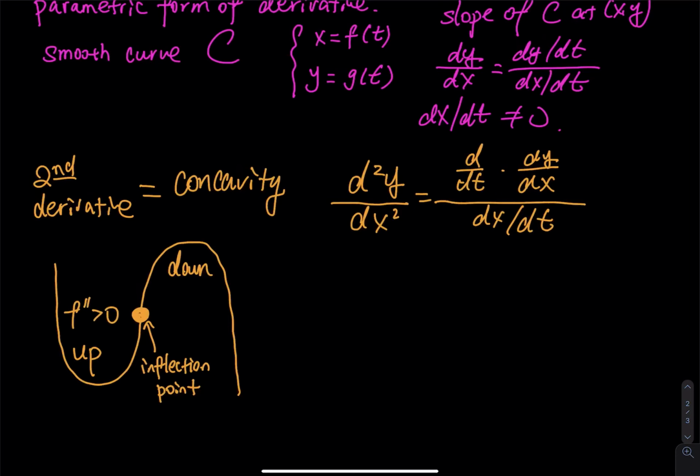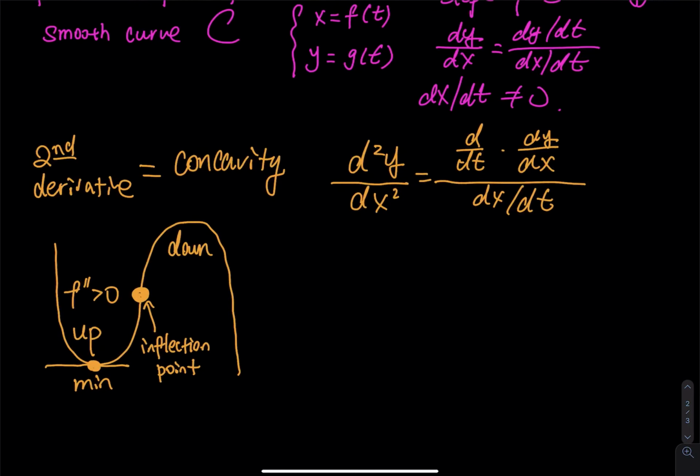So let's say we have a concave up, so that means this point is a local minimum, right? How do you use the second derivative test to prove that this is the minimum? First, at a minimum, we have a horizontal tangent. Horizontal tangent means the first derivative is equal to 0. Other than that, you also need to show that the second derivative is greater than 0.